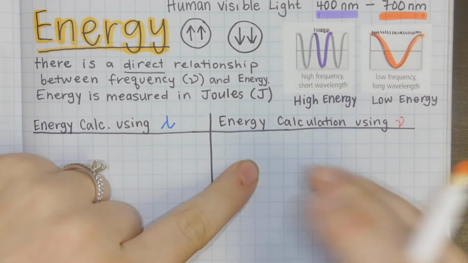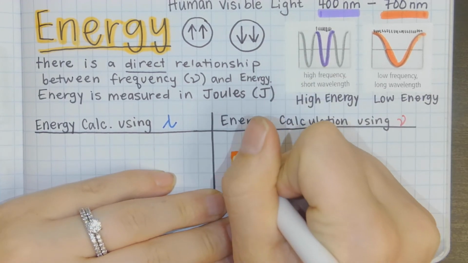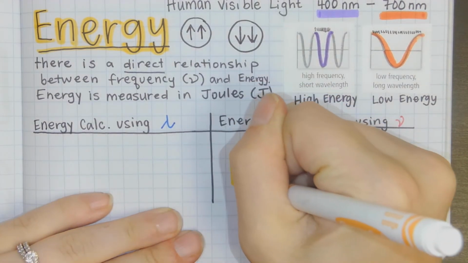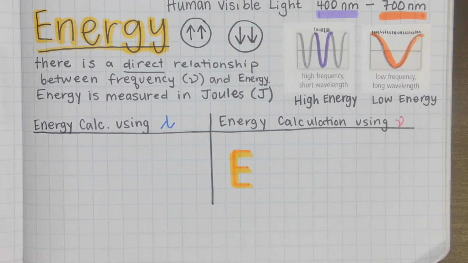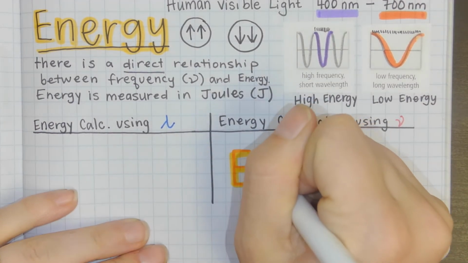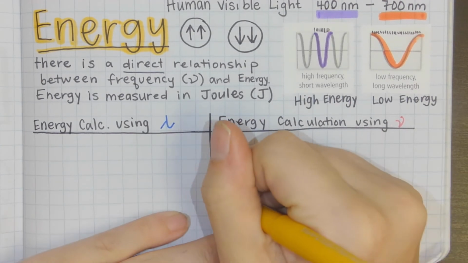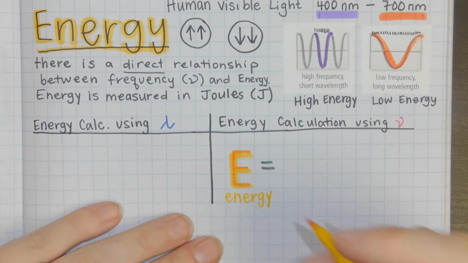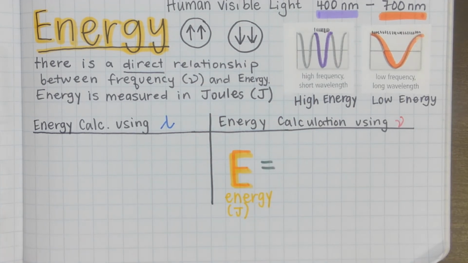So using frequency, let's start with this one because it's a little bit easier. To calculate the energy, energy equals... the energy is measured in J, letter J there for joules.